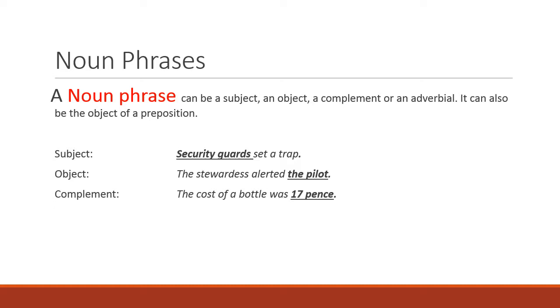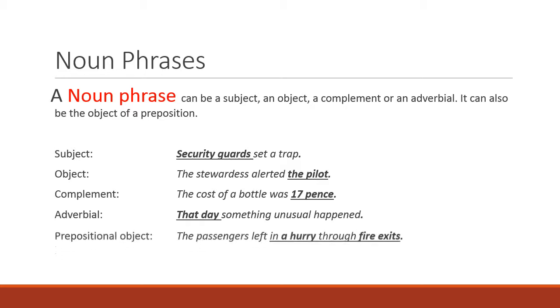The cost of a bottle was 17 pence. Now again we have 17 pence, which is actually not an object but a complement. That day something unusual happened. Now that day is a noun phrase, but here it is acting like an adverbial. The passengers left in a hurry through fire exits.